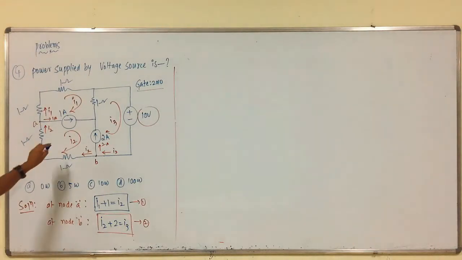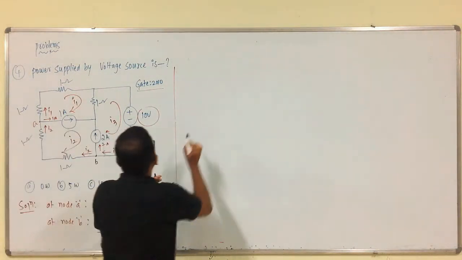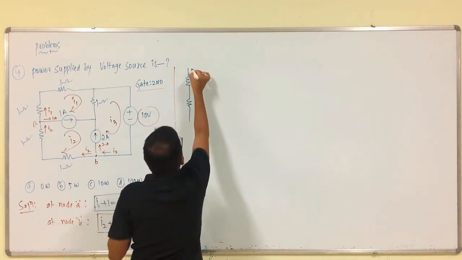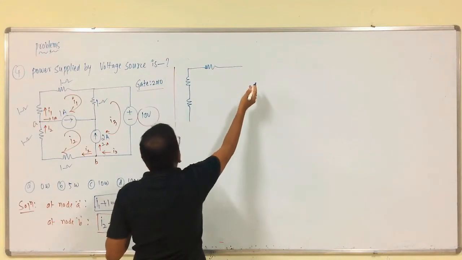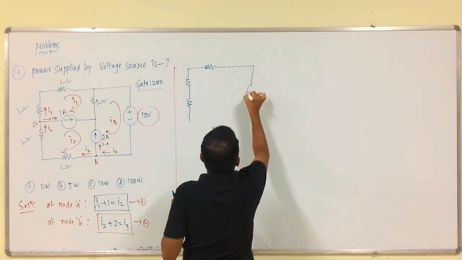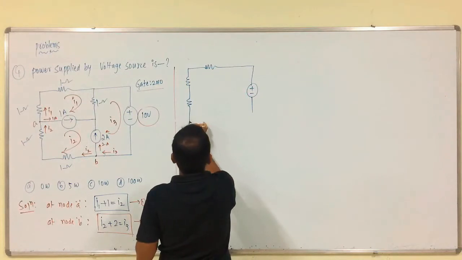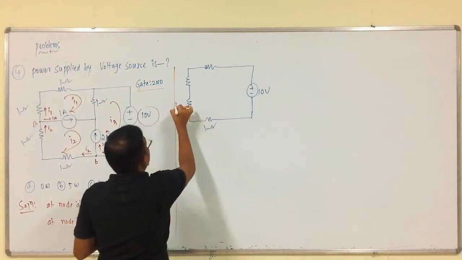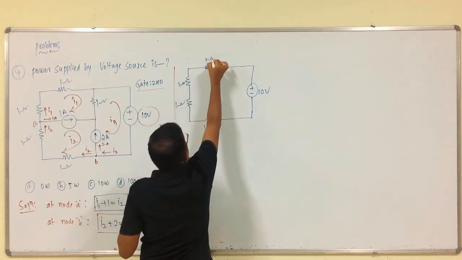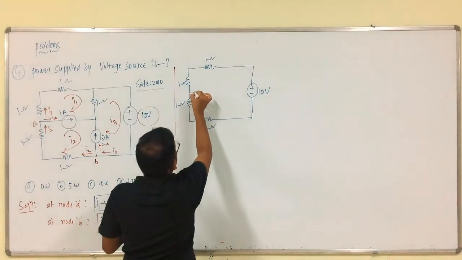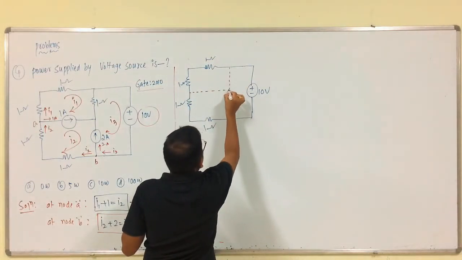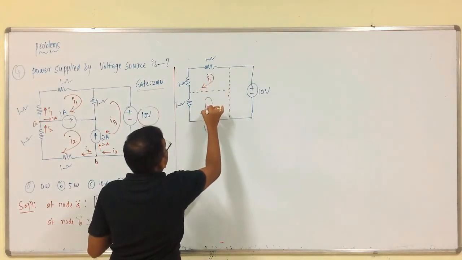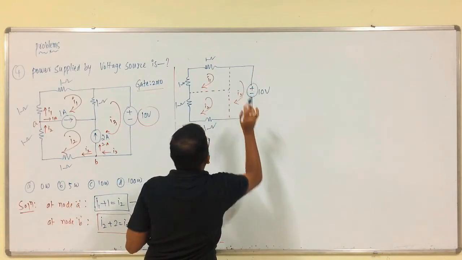Next we can remove the current sources. Simply we have the voltage source, 10 volts, with 1 ohm, 1 ohm, 1 ohm. This is I1, this is I2, this is I3.